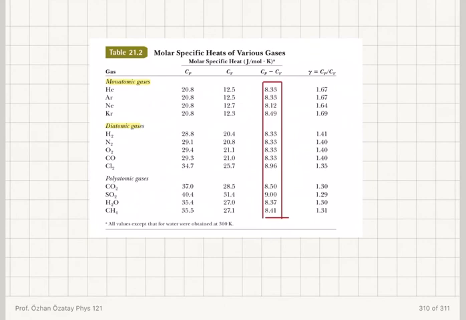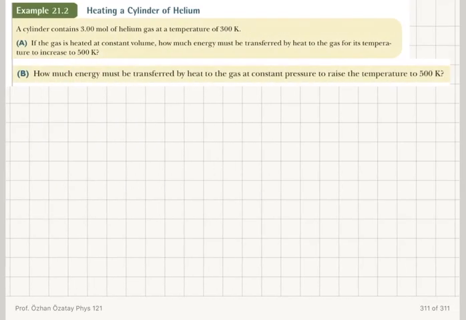All right, let's take a look at an example, a simple example. A cylinder contains 3 moles of helium gas. So n is equal to 3 moles. It's helium, a monatomic gas.